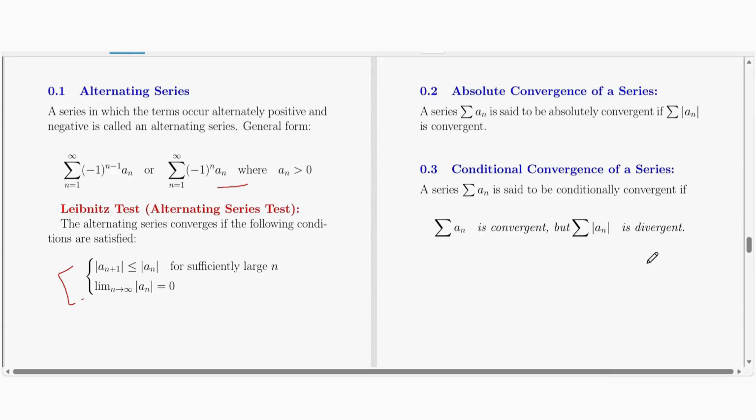If it is divergent, then we conclude this is conditionally convergent. That is, if its absolute series is convergent, then it is absolutely convergent, and if its absolute value series is not convergent, then it is conditionally convergent.